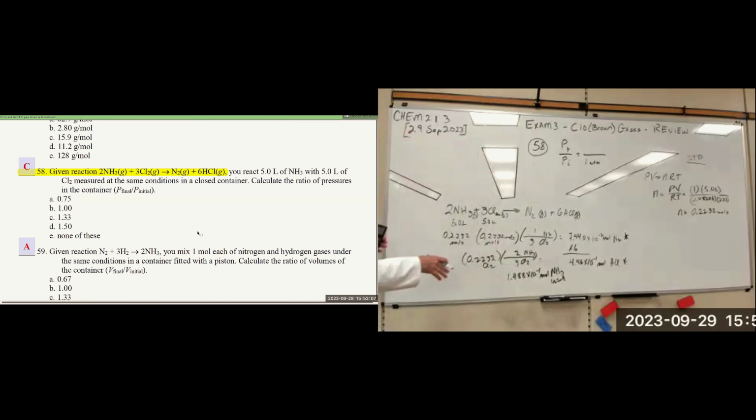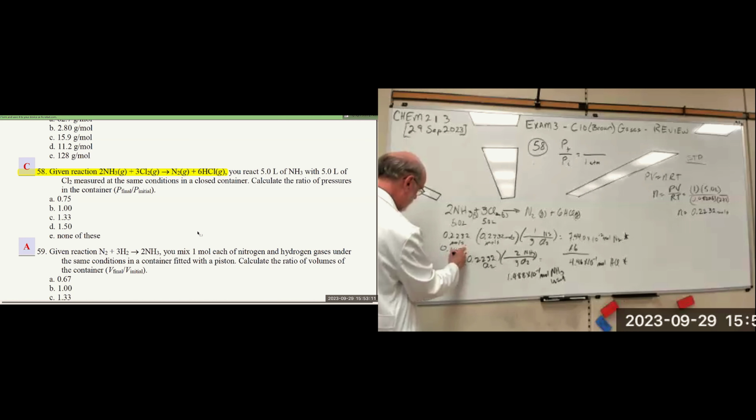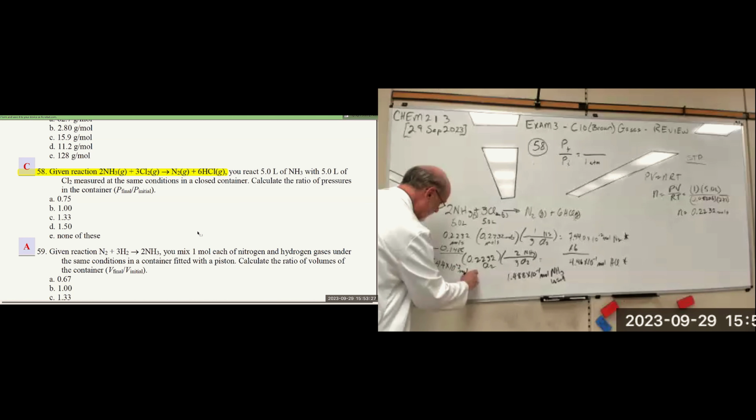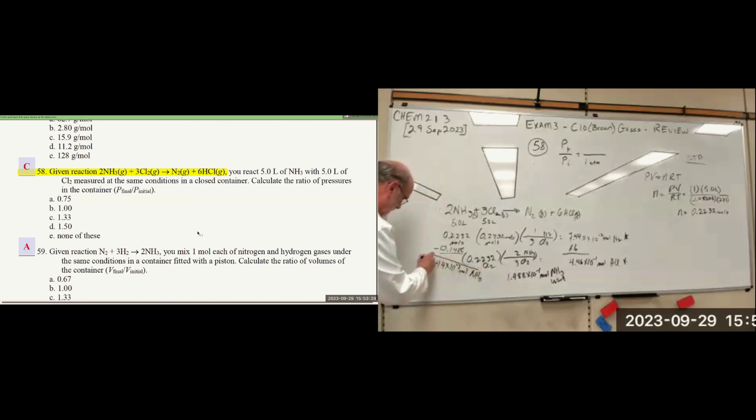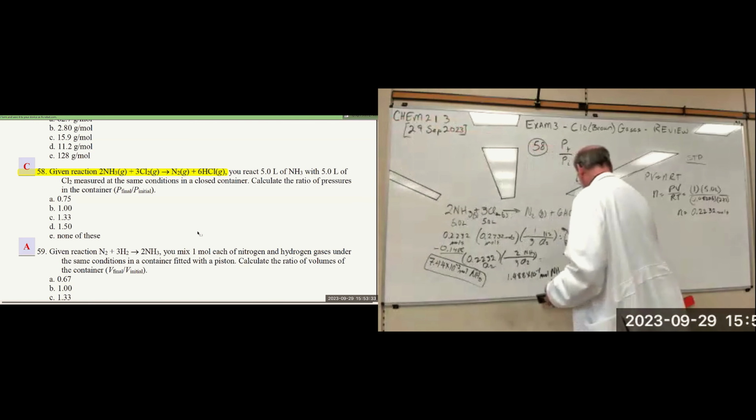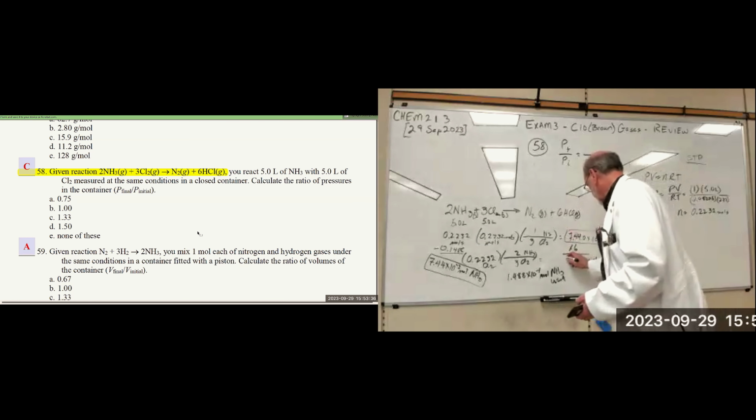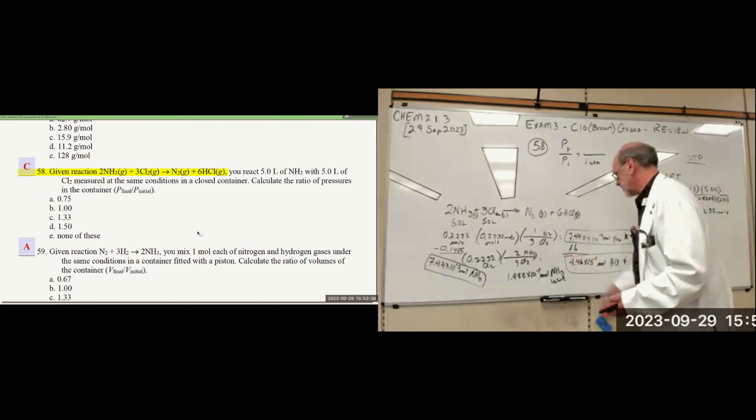Well, let's see. Let's put it in standard notation. 0.1488 and subtract that from 0.2232. Okay. Now we've got 7.44 times 10 to the minus 2 moles of ammonia. That much is left over, plus this much nitrogen and this much hydrogen chloride.